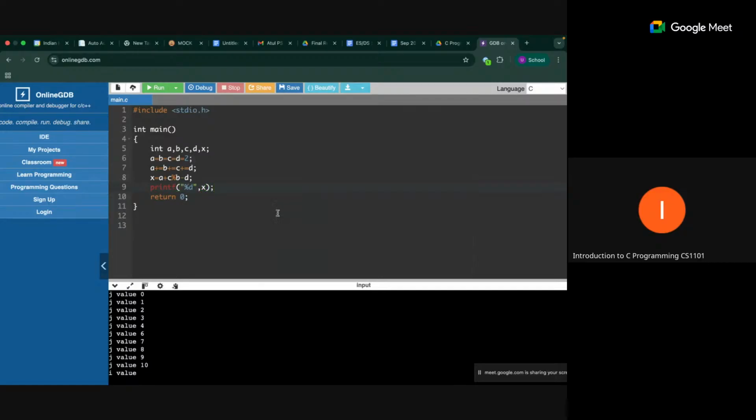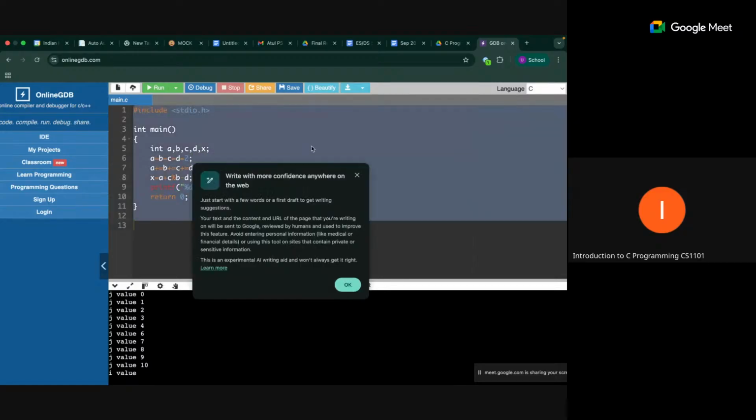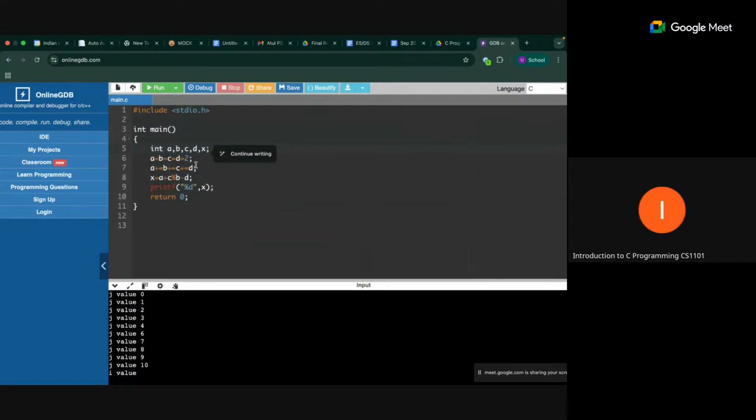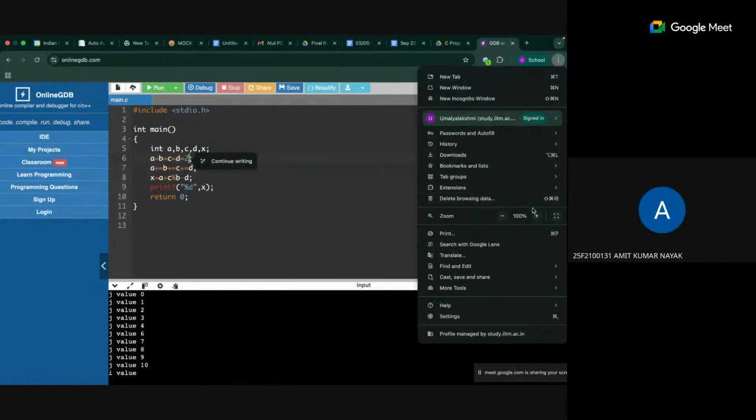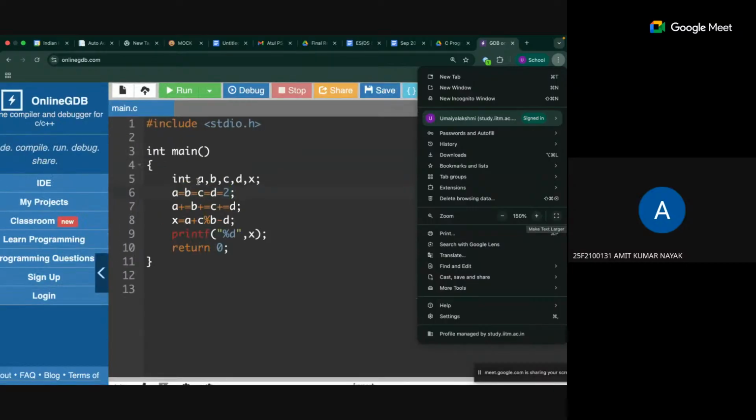Okay, before that, what will happen in the 7th line, people? First, it will execute from right to left. So in the 6th line, what is happening? It's initializing the values a, b, c, and d as 2.